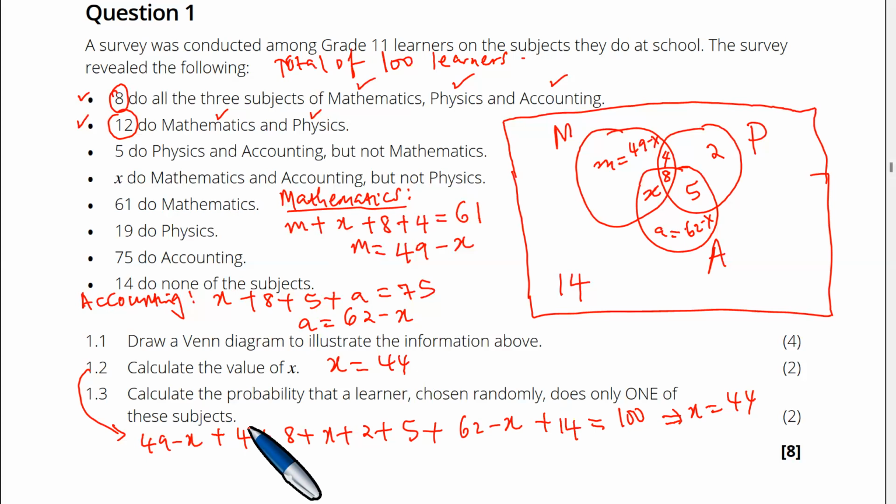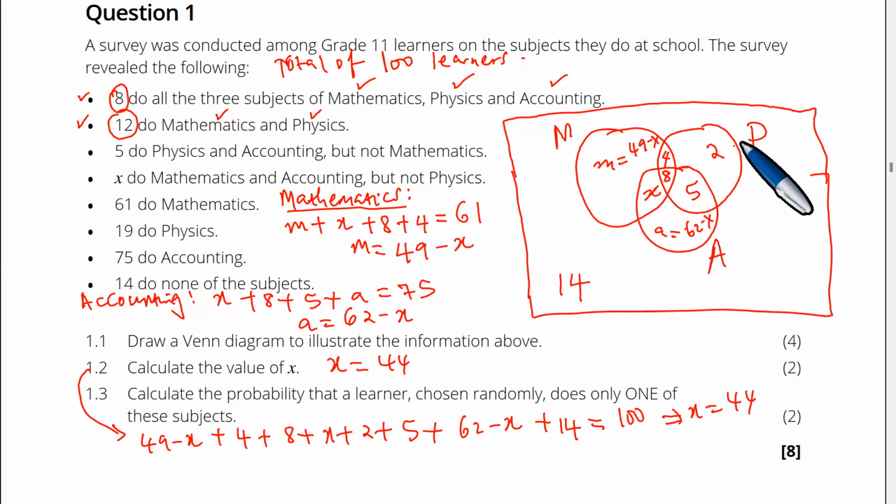So there are a couple of ways, obviously, that one can use to answer this particular question. For example, if you look at any of these situations here, what would one do to find the probability that a student chosen at random does only one of these?